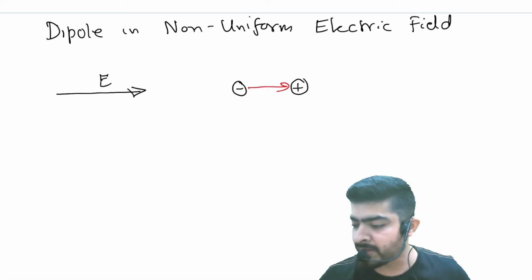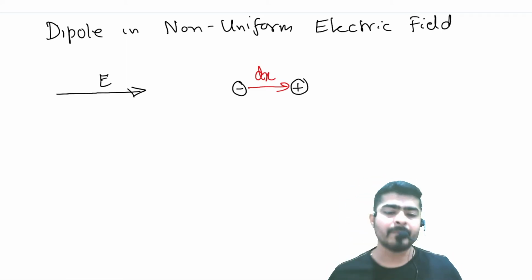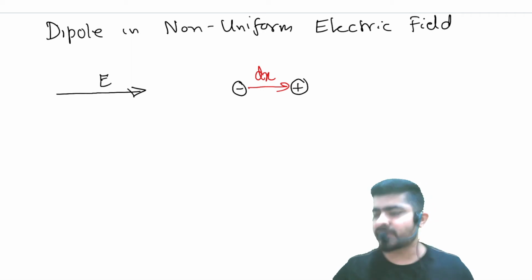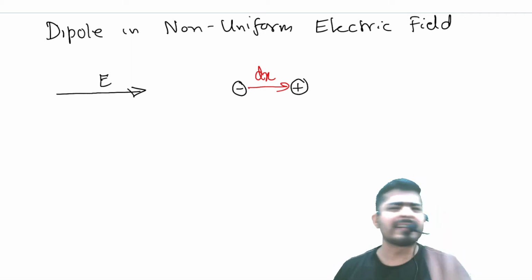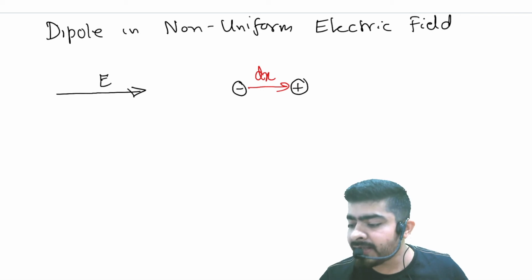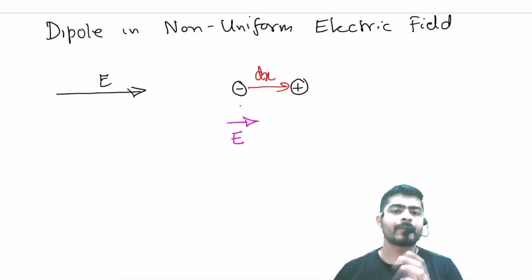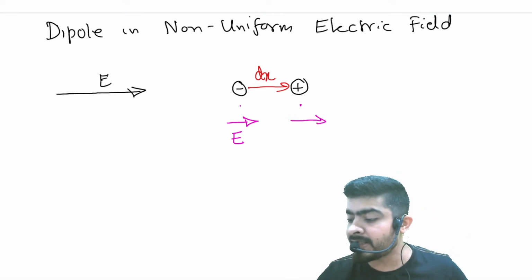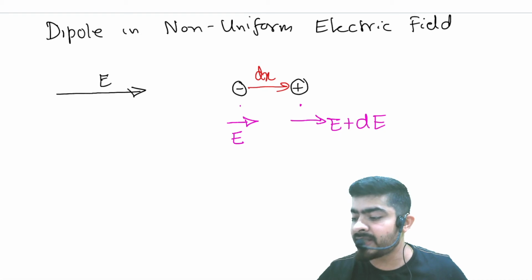So let's call this small distance as dx. In integration we use the term dx, so this is same dx, small distance. Now electric field at this location is E, but since electric field is non-uniform, at this point it will increase to E plus dE.